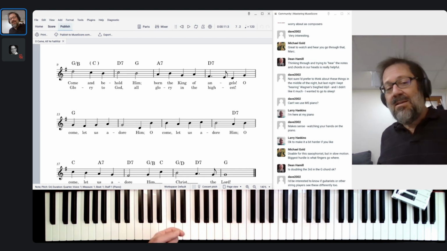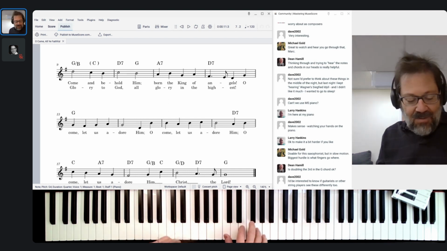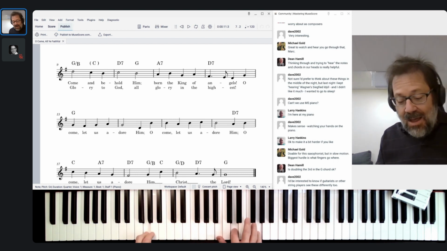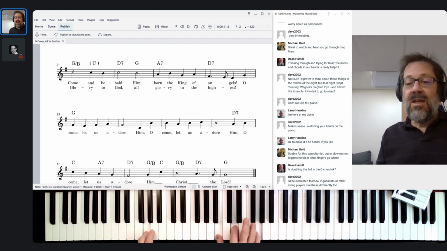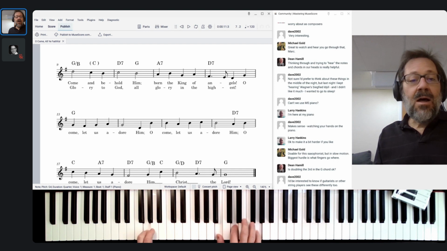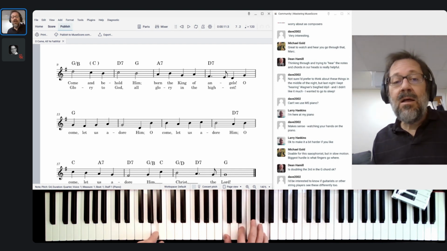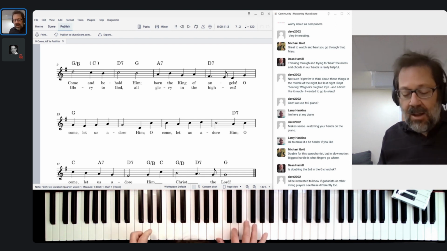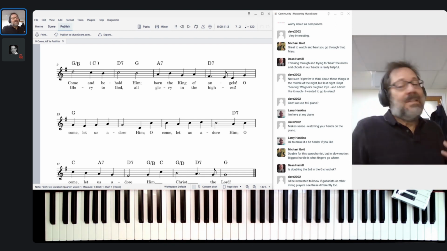Well, in point of fact, that's going to happen all over the place. If I play, say, a G chord here, and then the next chord is A minor, I'm going to have the bottom note in two voices, and I'm going to have the fifth in two voices as well, parallel octaves and parallel fifths.